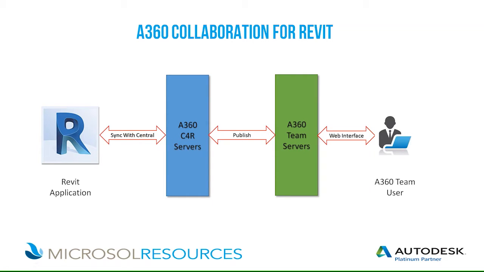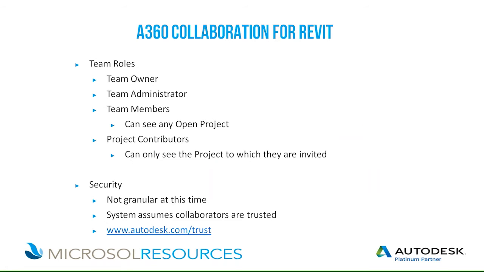So the obvious example is you could be working in Revit, you can do a sync to Central, and someone who is looking at the team interface is not necessarily going to be seeing all the changes until you do the publish function. So this actually plays into some of these features.